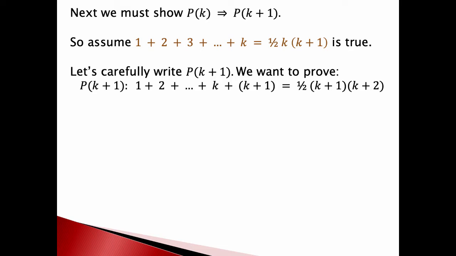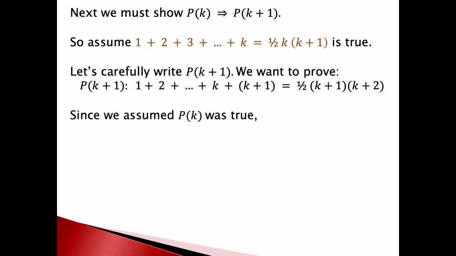Well, that would say that if I add up 1, 2, 3, 4, 5, 6, 7 up to k, and then add on k plus 1, that I get on the right hand side, well, now instead of k and k plus 1, I'll have k plus 1 and k plus 2. Because remember, what I'm doing is substituting k plus 1 into this formula. So 1/2 times k plus 1 times k plus 2 is what this should add up to be.